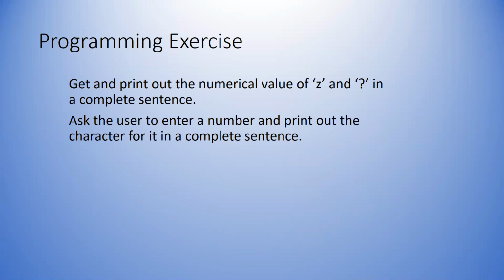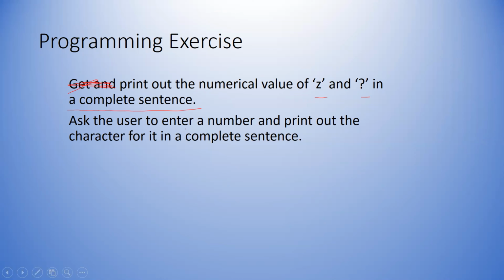Now, I will let you do this. Get and print out the numerical value of Z and a question mark in a complete sentence. Why did I say get? You don't have to get, right? You can simply do it. So just print out the numerical value of Z and this in a complete sentence.